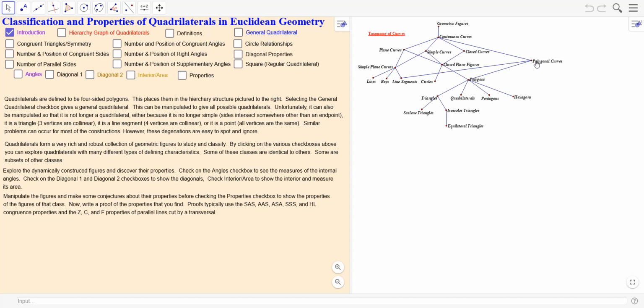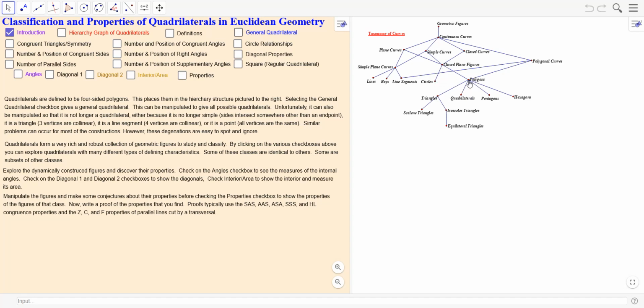If they're made up entirely of line segments, it's a polygonal curve, and so that would include things like line segments. There should be simple plane curves as well. Lines and rays would be simple. And then polygons are closed plane figures that are also polygonal curves. Notice circles are also closed plane figures.